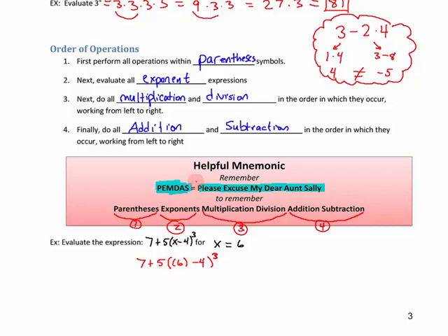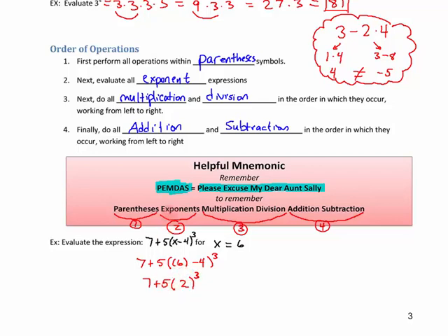So now let's go through our order of operations. PEMDAS, please, parentheses. I can't do anything on the innermost parentheses, and we always start from the innermost and work our way out. Innermost parentheses, 6, there's nothing there, so next I do 6 minus 4. 7 plus 5 times, and then 6 minus 4 is 2, cubed. So we worked inside the parentheses.